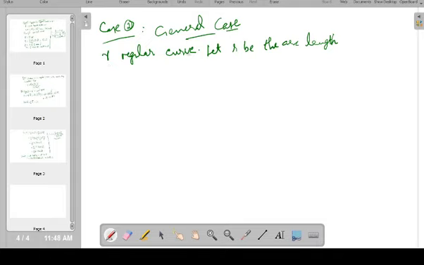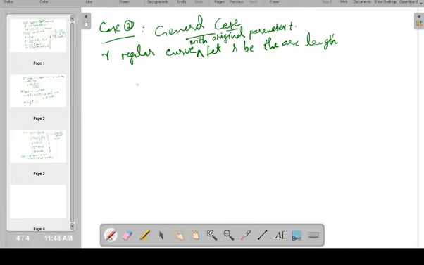So the original parameter is t. Gamma is a regular curve with original parameter t.